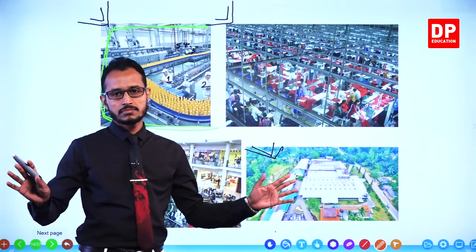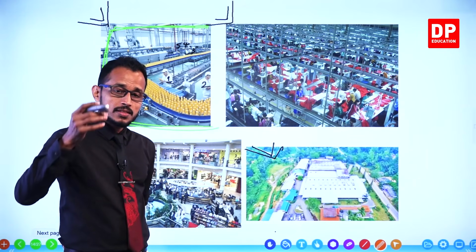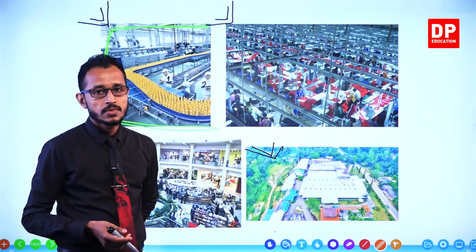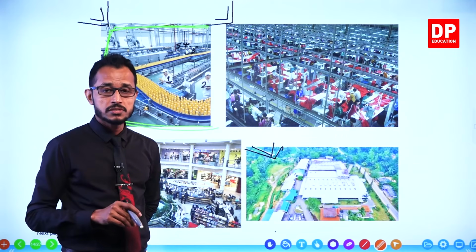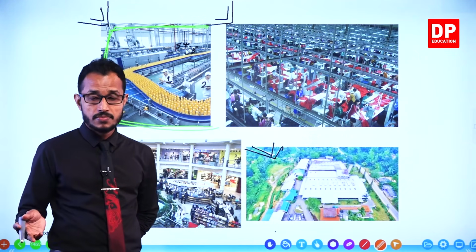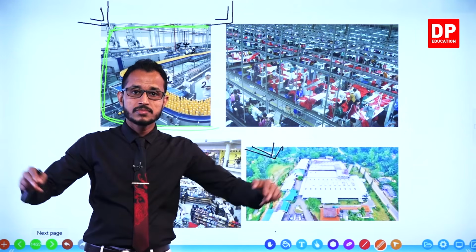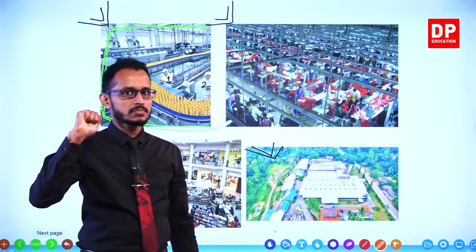and we are done. So children, these were the criterias or bases we can use to classify business organizations in different ways. Okay, ownership, objective, and scale. 3 criterias.